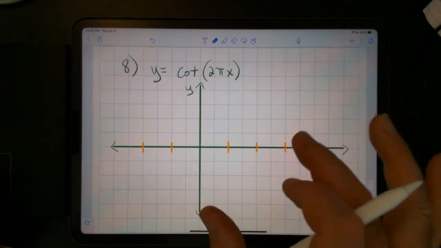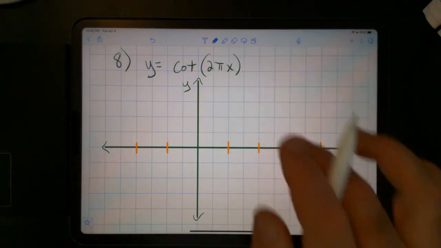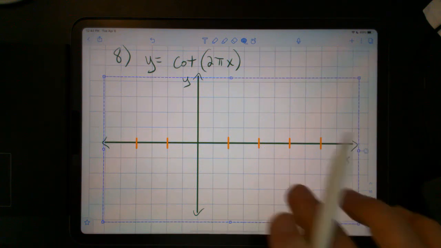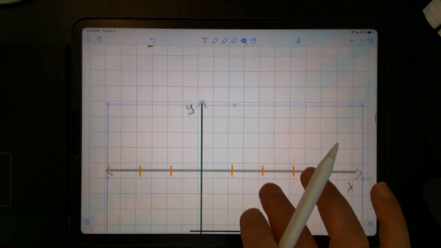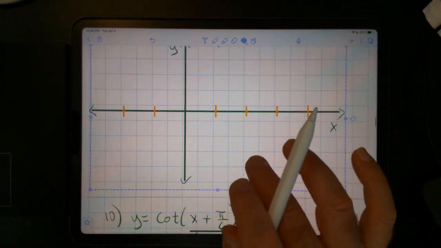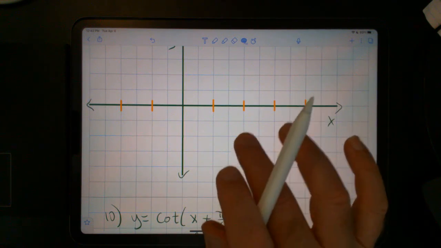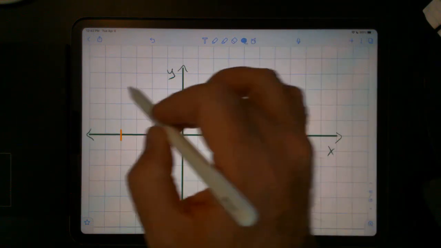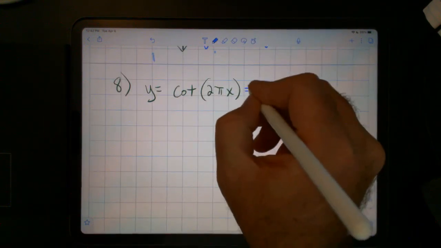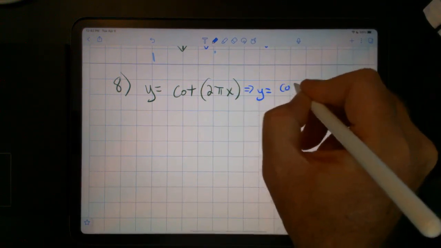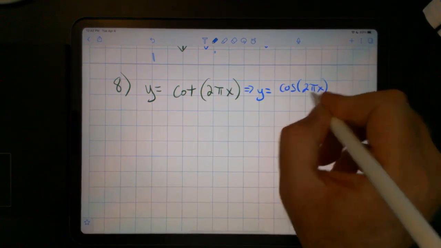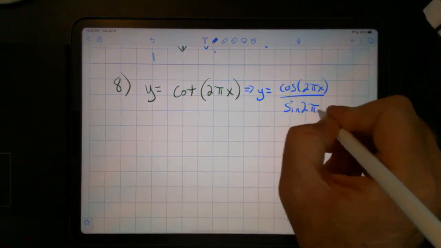All right. Now cotangent is a little bit different. Cotangent is y equal to cosine of 2 pi x divided by sine of 2 pi x.